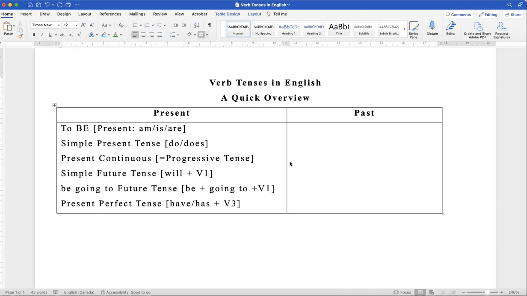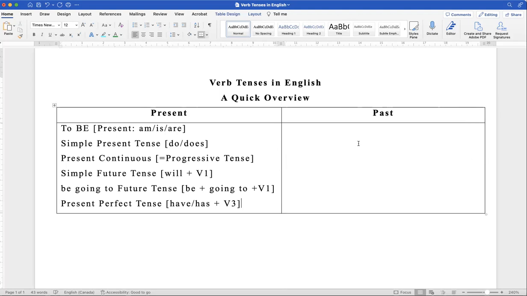Okay, we also have the past tenses. What are the past tenses? We have to be, past form. And again, what's the past form of to be? It's was, were. We have simple past tense. The auxiliary verb is did.